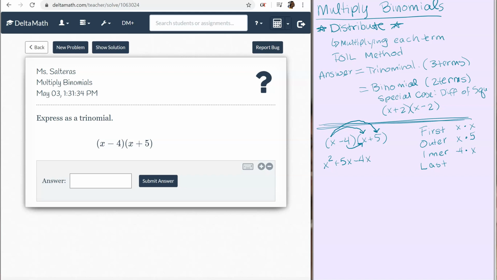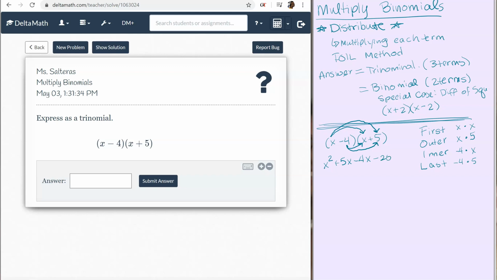We don't know what x is, so it just goes together. And then lastly is last. We take the last term of the first binomial and multiply it by the second term of the second binomial, so really the last 2 numbers. Negative 4 times a positive 5 gives you a negative 20.